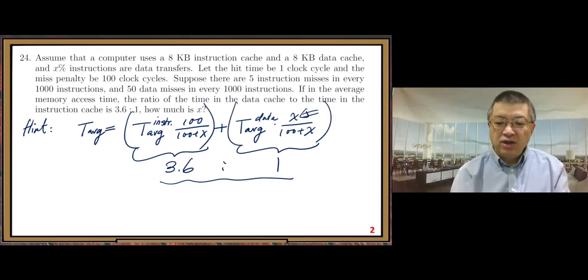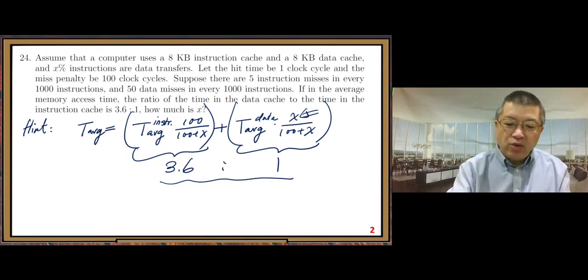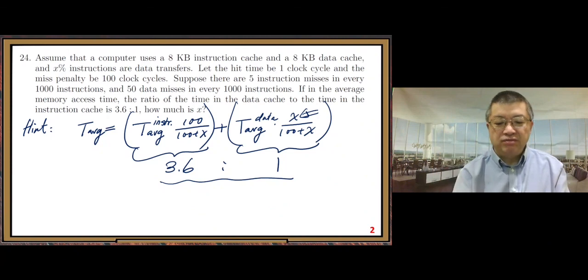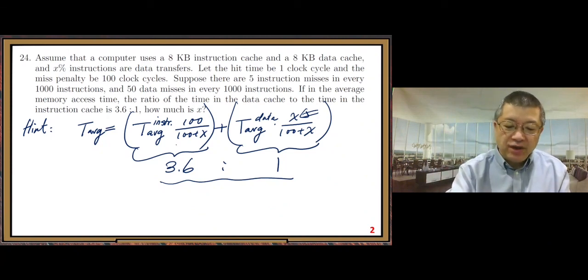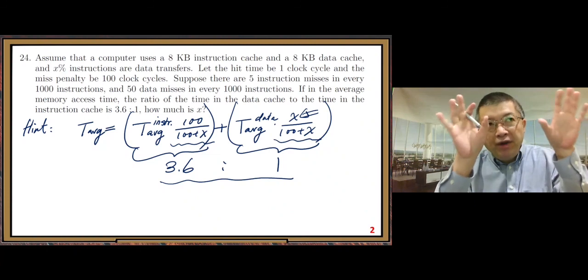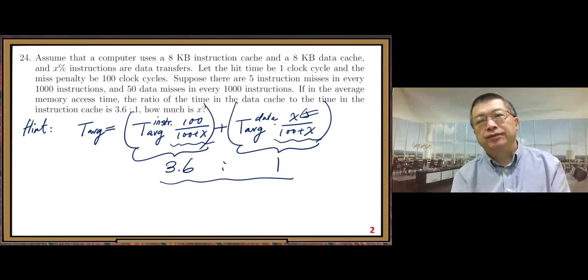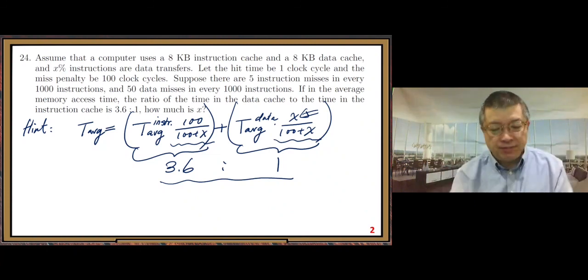So that's the ratio of the time in two different caches. Don't forget to multiply by their corresponding weights, fractions.